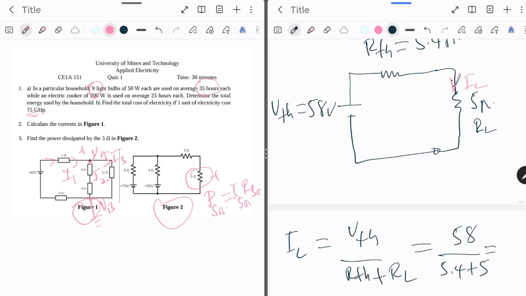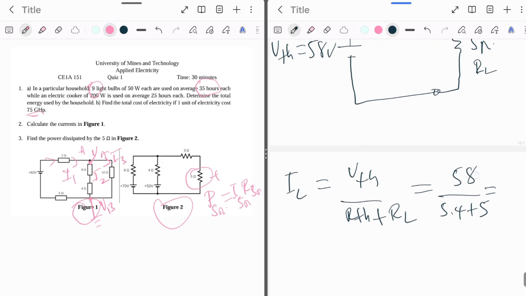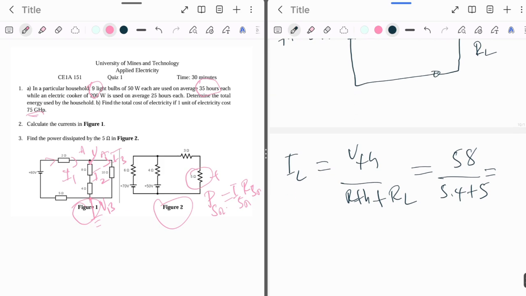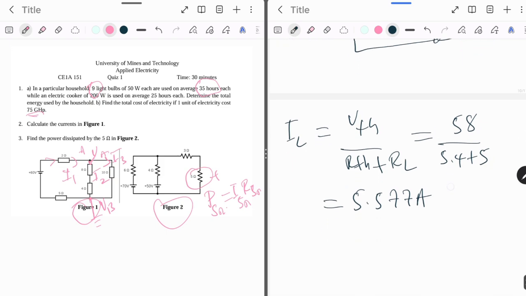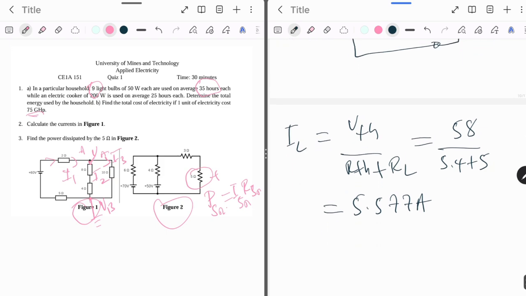So now it's going to give me 58 divided by 10.4, which is going to give me 5.577 amps.